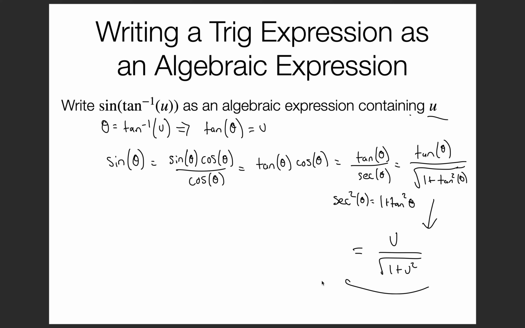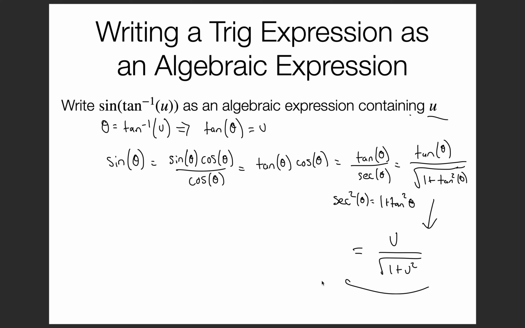There's no real easy way to get to tangent, but one thing that I do know, a fundamental identity, is that tangent is equal to sine over cosine. And so if I can multiply by 1 in a clever way, then I could get tangent.